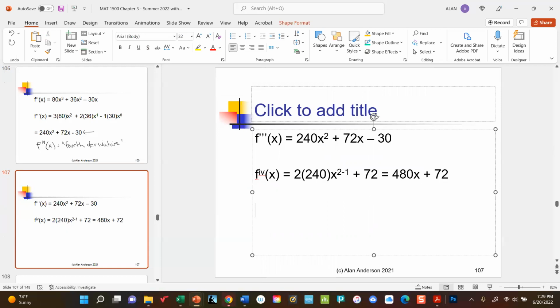Well, what the heck? Let's do the fifth derivative, which, as you can probably guess, is designated with the Roman numeral 5. And once again, what are you doing? You're just applying the rules one more time.